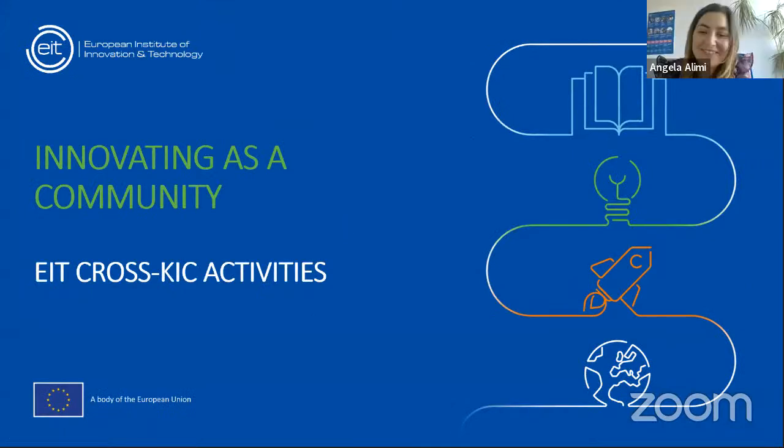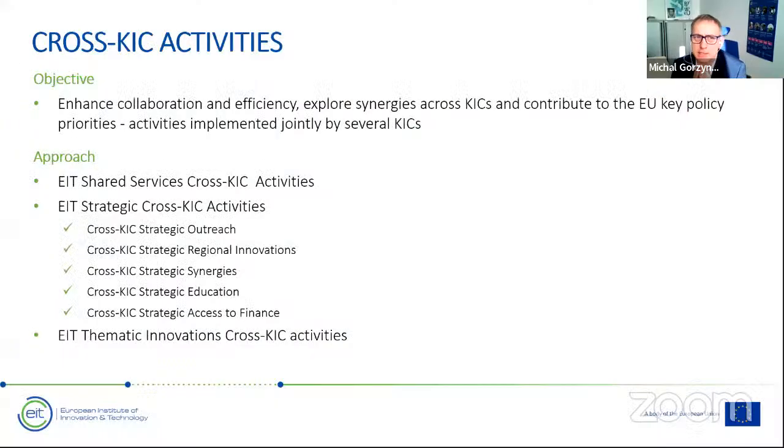Thank you very much. So the last part for today is about cross-kick activities. This is a special scheme which has been developed for the last 7-8 years. And this scheme is aimed at 3 objectives.